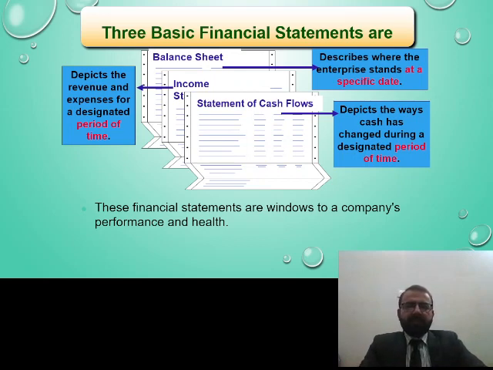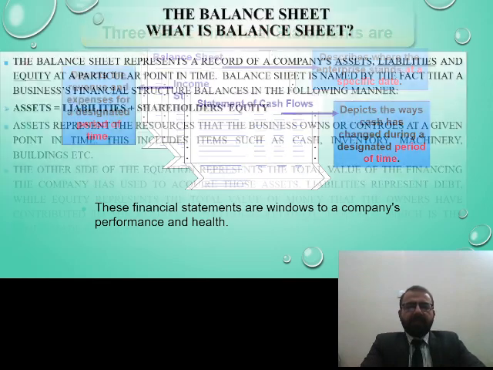The income statement depicts the revenue and expenses for a designated period of time. The statement of cash flows depicts the way cash has changed during a designated period of time. These financial statements are windows to a company's performance and health.